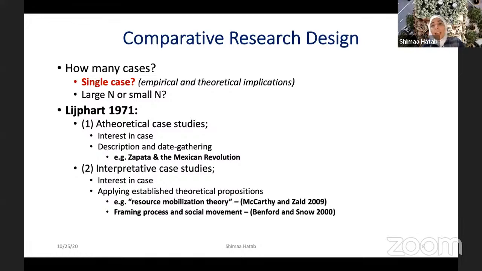Then you can draw theoretical implications, such as how effective communication or local organizations helped Zapata organize peasants' movements in Mexico and sustain their struggle for social reforms between 1911 and for a decade or two, in order to achieve what they actually asked for.